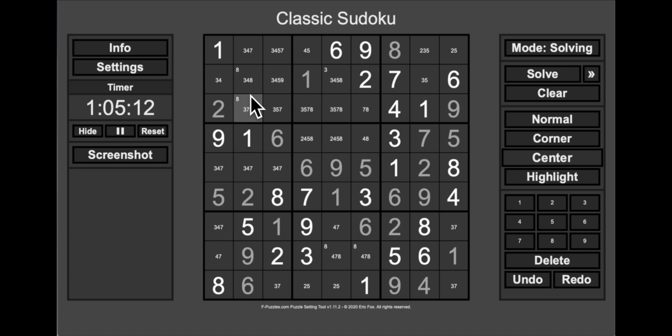Well, that can't be 8. That can't be 8 now. Are there any other digits based on this particular grid that I have only one space for? I don't know that I see it yet.